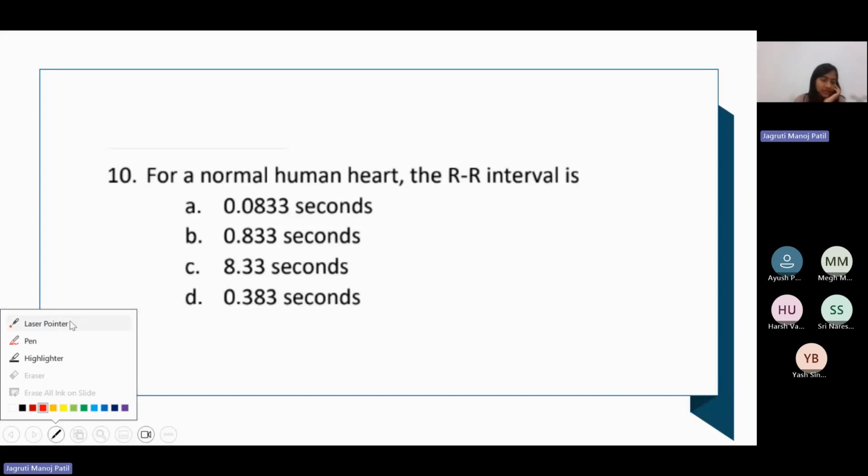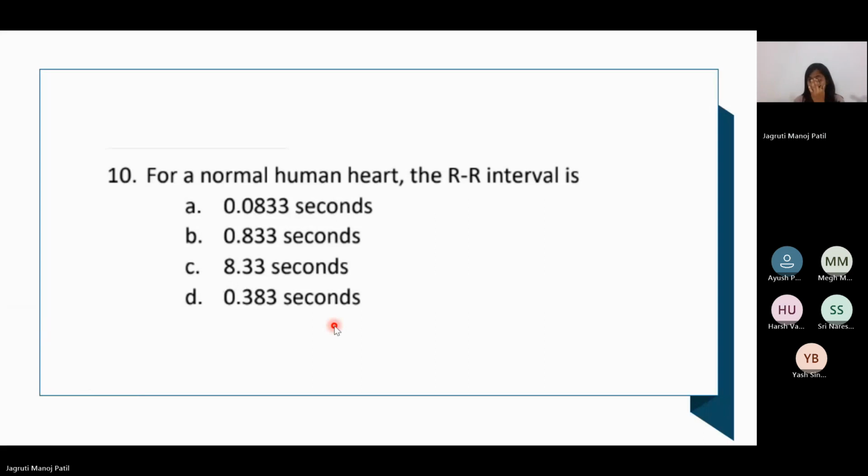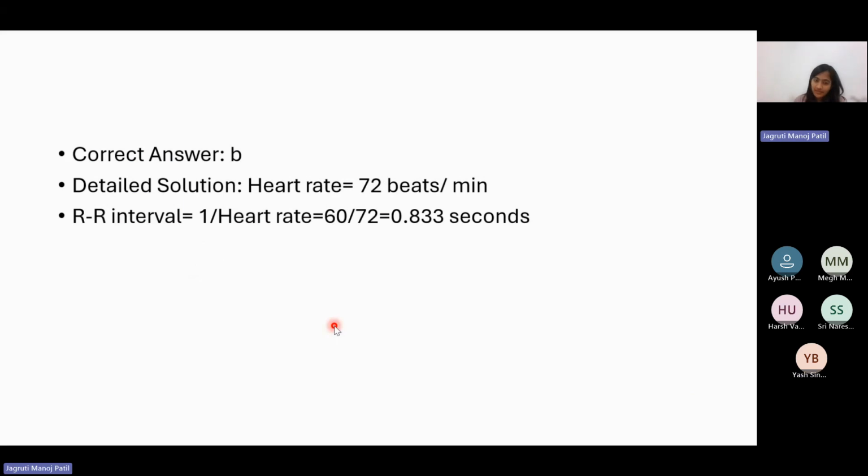What can be the RR interval? 72 beats per minute: 60 divided by 72 gives 0.833 seconds. That's it. Done for today.